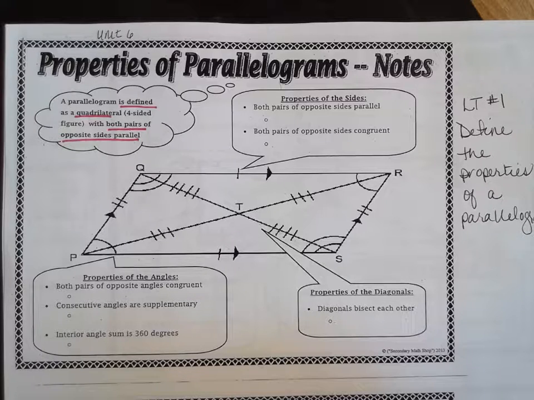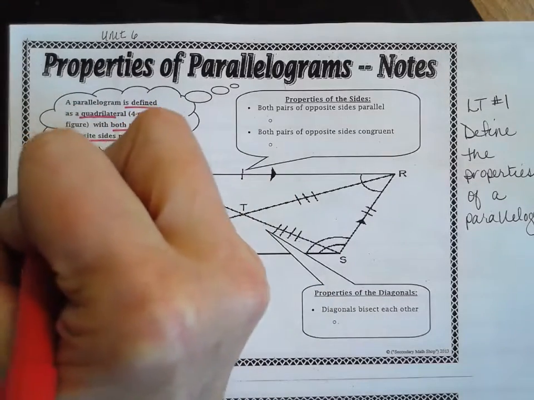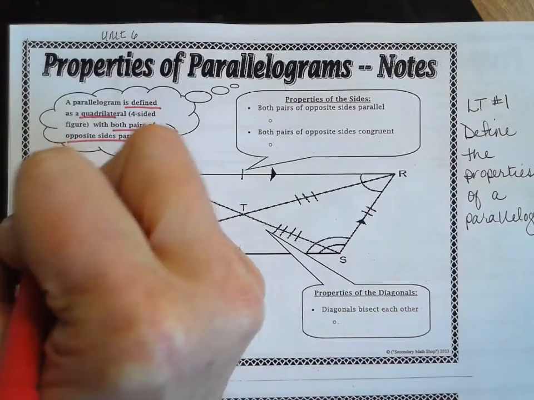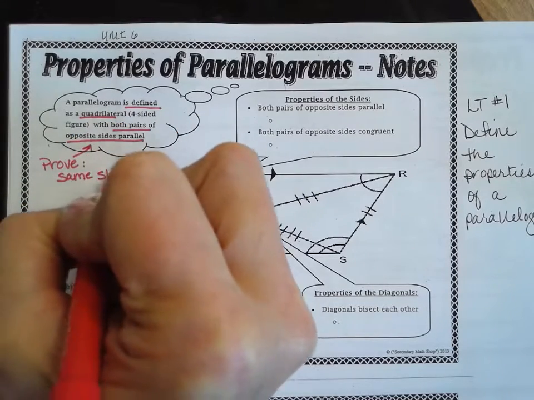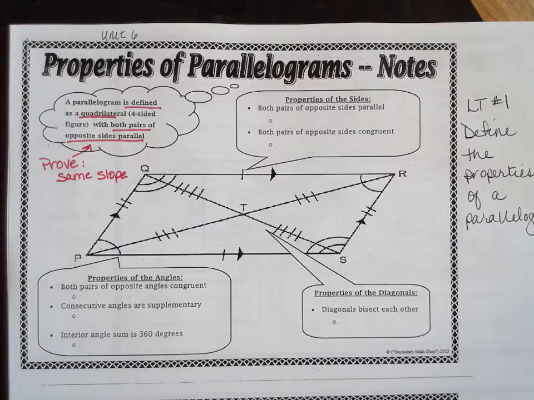How would you prove two lines are parallel? They have the same slope, absolutely. So to prove that, you look and see if they have the same slope. Absolutely. Good job.